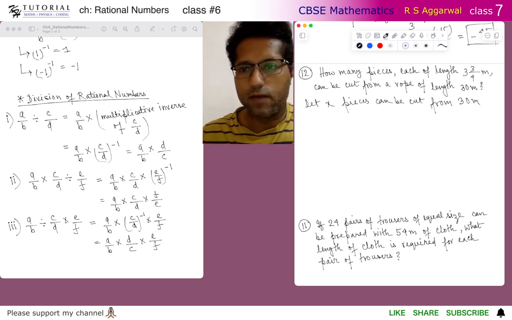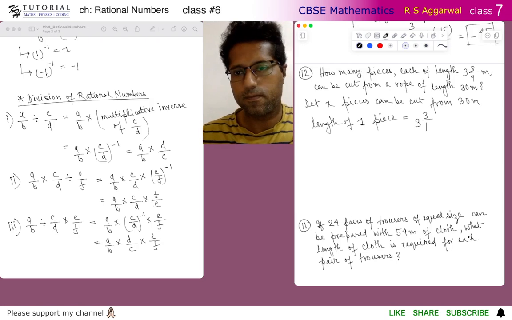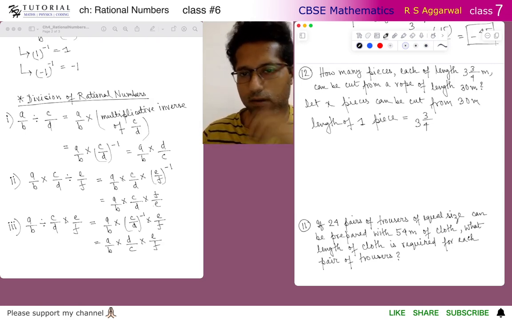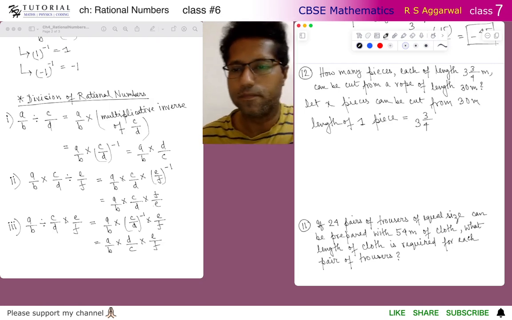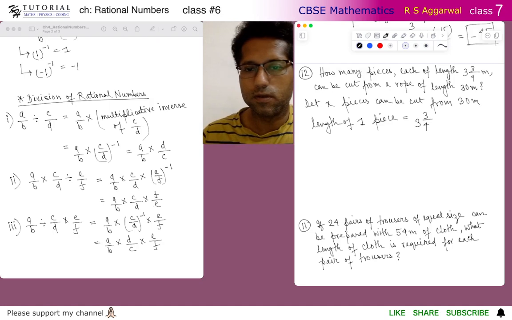So we have length of one piece is given to be 3 and 3 by 4. I'm omitting the unit meter. I hope it's understood. So length of one piece is 3 and 3 by 4.